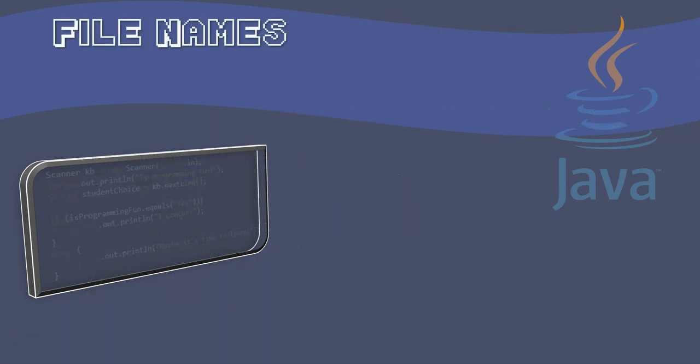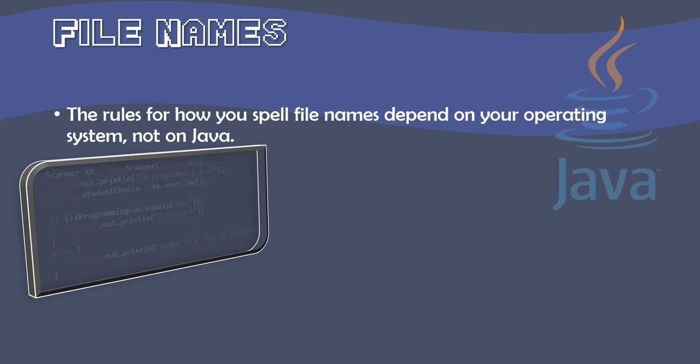Now, again, looking at those individual argument pieces, remember we looked at stuff.txt. Well, that's a file name that exists. And the rules for how we spell our file names are going to be very dependent upon what operating system we're using, not on Java. Java actually doesn't have much to say about what types of files we're going to use.